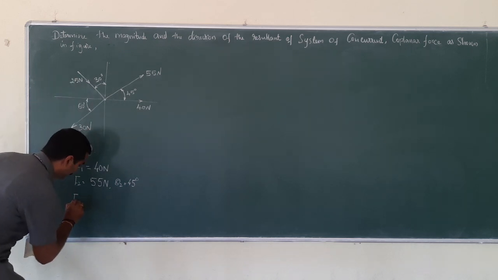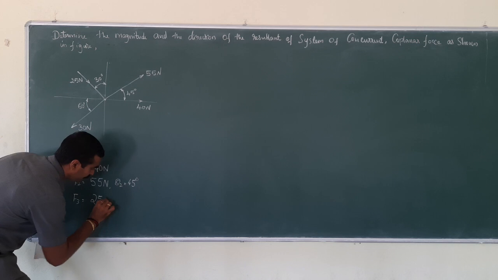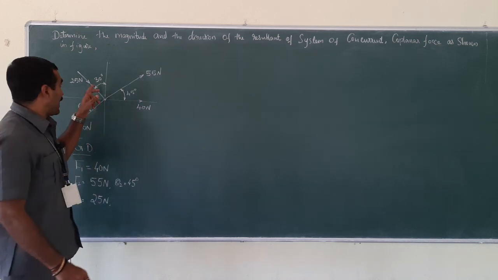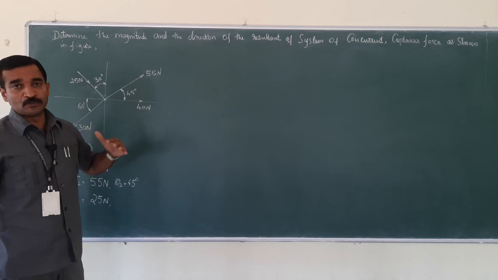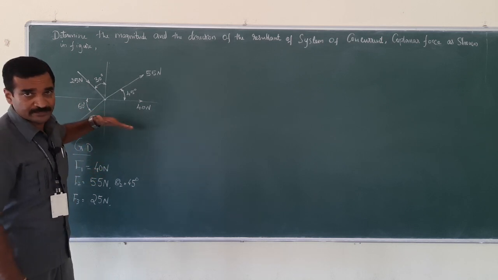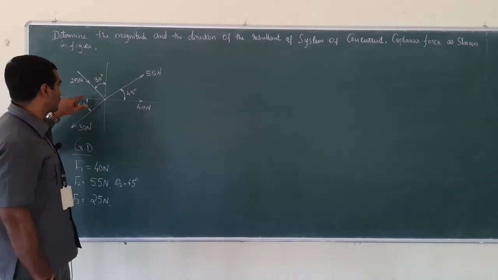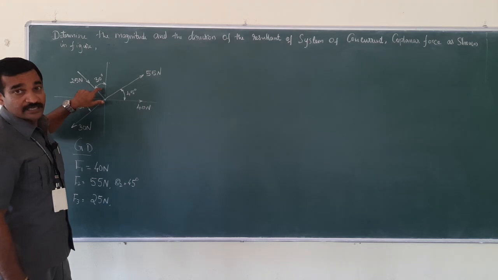So F3 is equal to 25 Newton. And the angle, look at this angle. What did I tell you? The angle, that inclination, should be considered with respect to the horizontal or the x-axis. Whereas in this picture, it is with the vertical.